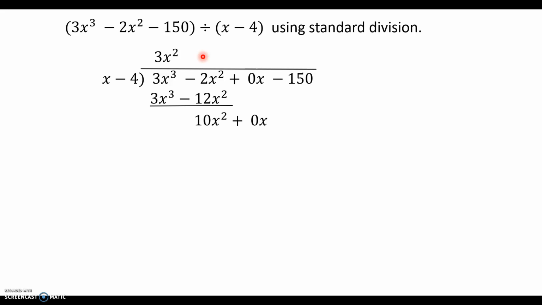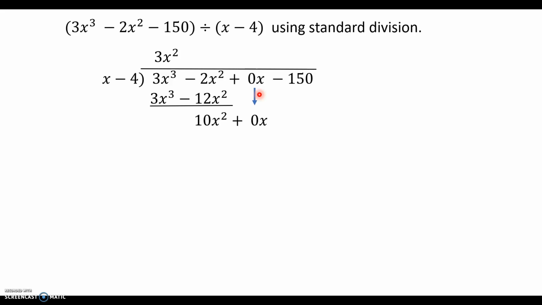Now after I subtract, I get 10x squared, and I will bring down my next term. One important thing to notice here: the 0x, you don't see it written up here, but there is no x term in this polynomial, so we need to make sure that we have a placeholder here for 0x.